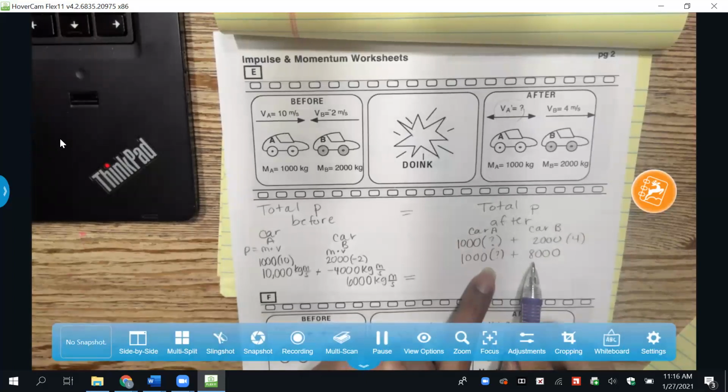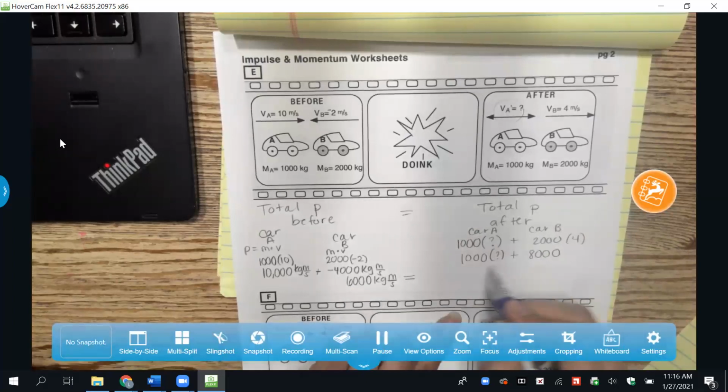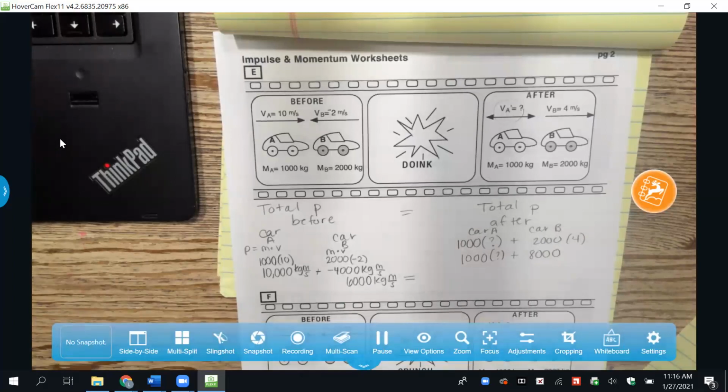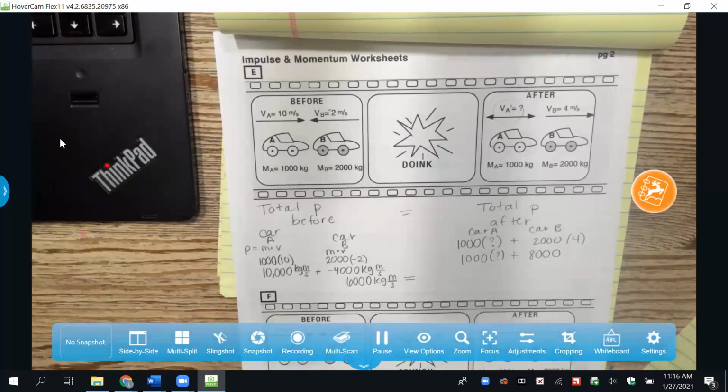And so the total momentum before the collision was 6,000, this number right here, remember? So whatever this adds up to be, it's going to have to be equal to 6,000. And so 8,000 plus what will give you 6,000?